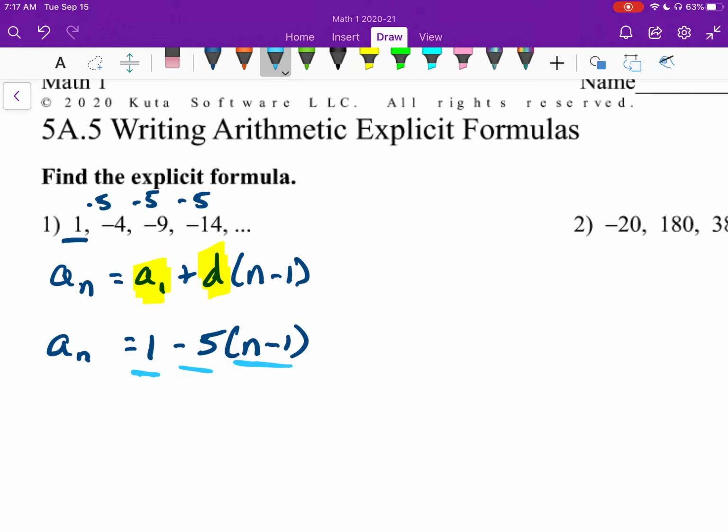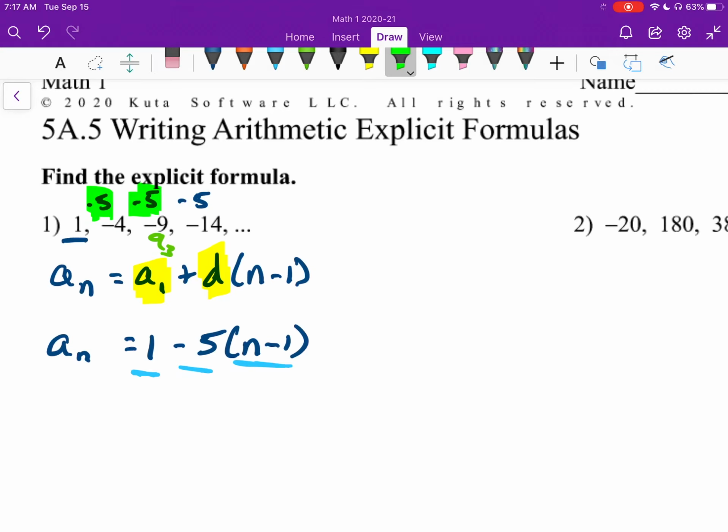So let's look at this. Up here, the -9, that's a sub 3, right? Because that's the third term. Now, how many times have we subtracted 5, though? We subtracted 5 here, and we subtracted 5 here to get to -9. So we only subtracted 5 twice, but we're on the third term.